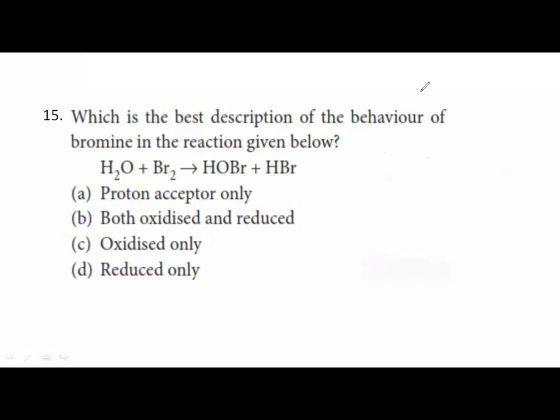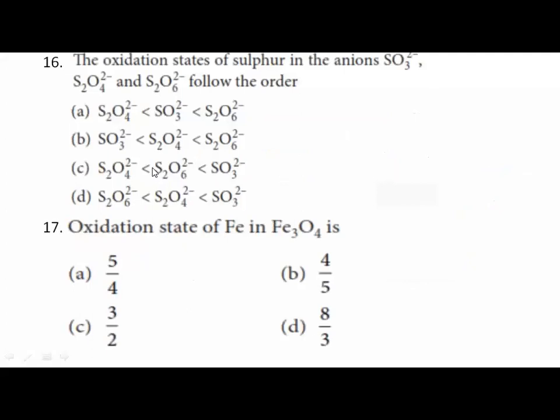So what type of reaction is it? It is an example for disproportionation reaction. Next, the oxidation states of sulfur in the anions SO3 minus 2, S2O4 minus 2, S2O6 minus 2 follow the order.